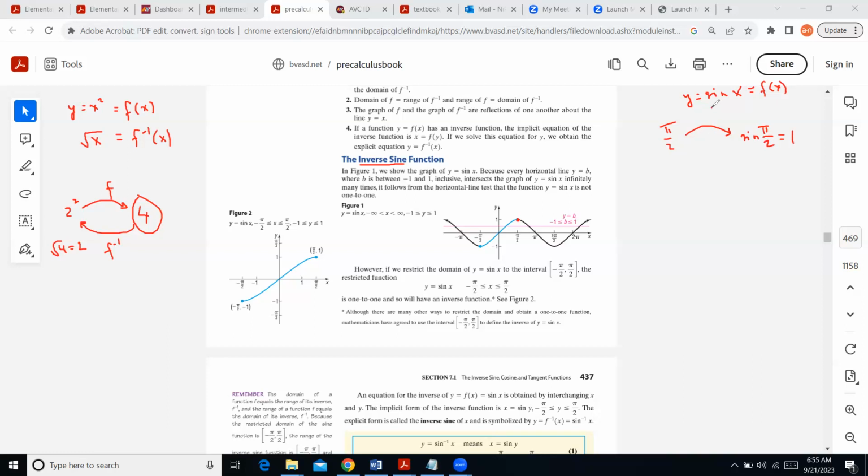Remember? You say, Alex, I already forgot all that. Well, you could look at the graph. This is a graph of the function sine. And if you put pi over 2 for x, then y will be 1.